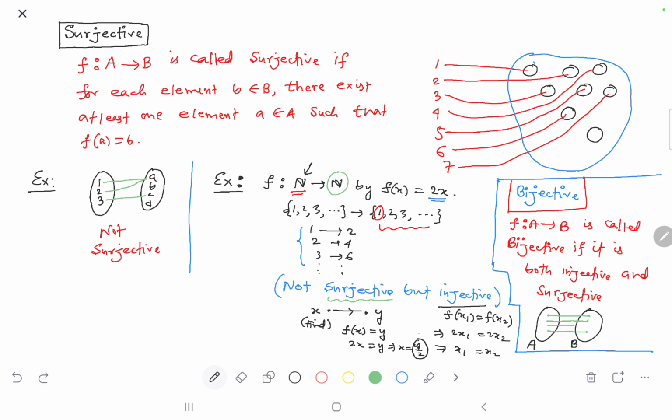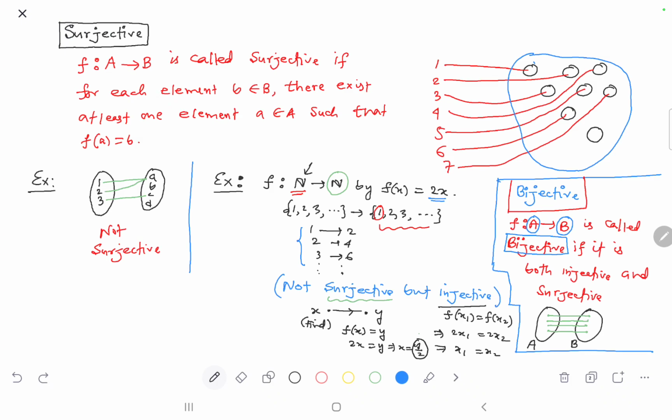So the elements of A and elements of B are in one-to-one correspondence. A bijective map is very important because you can compare the elements of A with the elements of B.